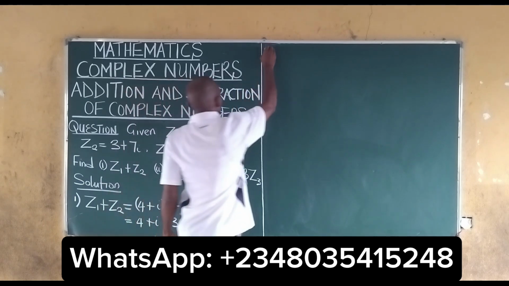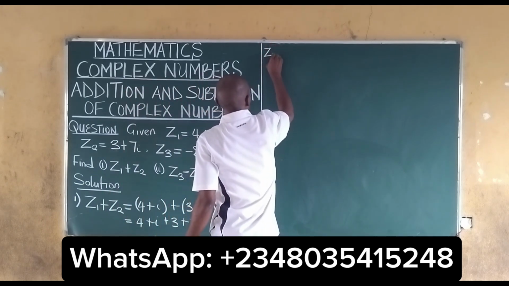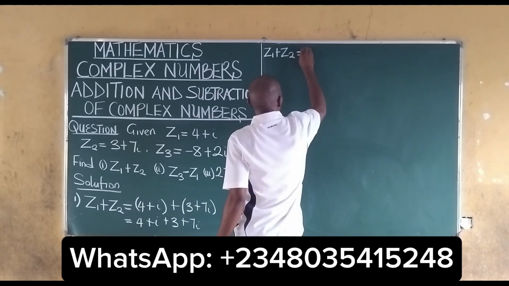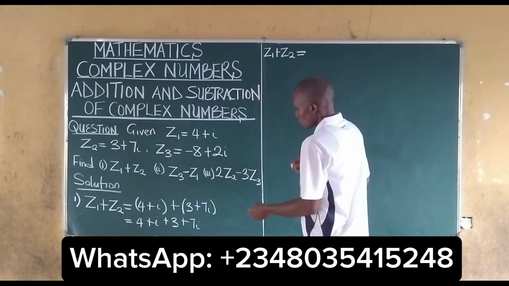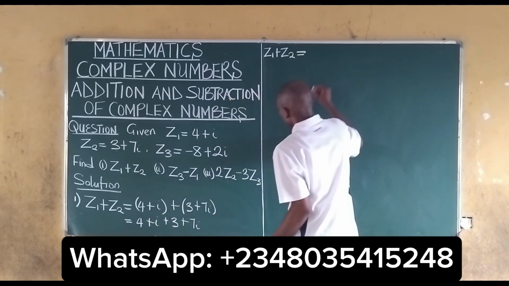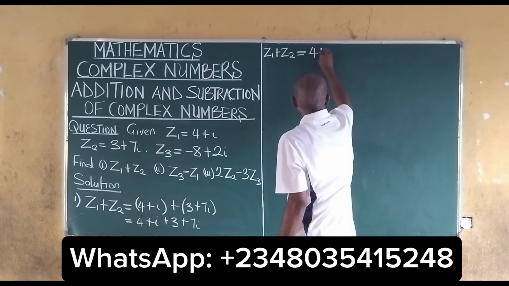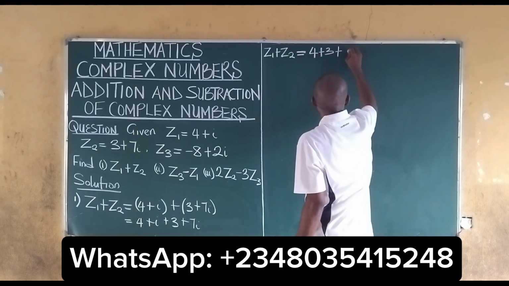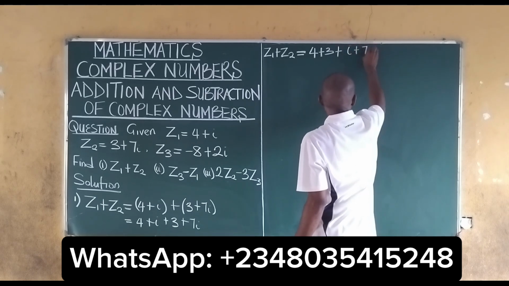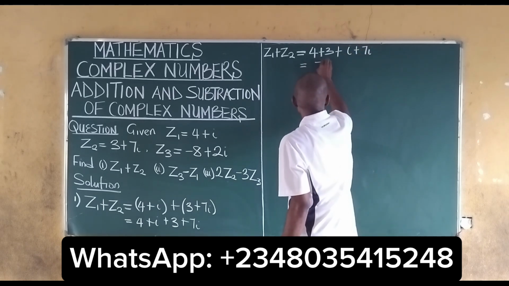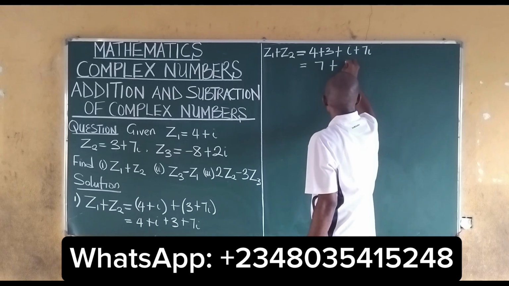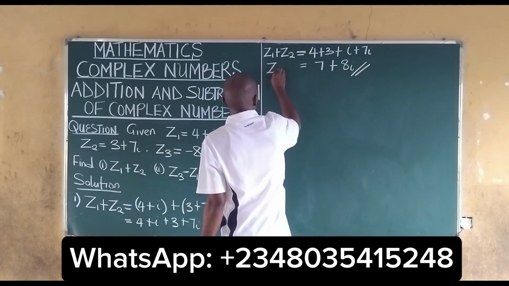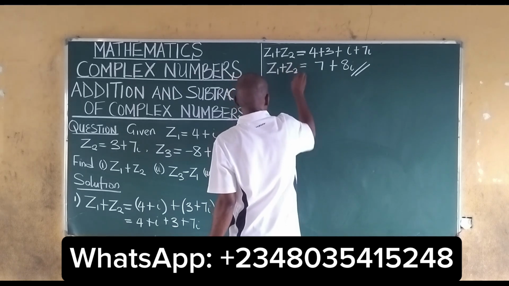So Z1 plus Z2 will be equal to, we take the real part, which is 4 plus 3, plus I plus 7I, which is equal to 7 plus 8I. So this becomes our answer for Z1 plus Z2.